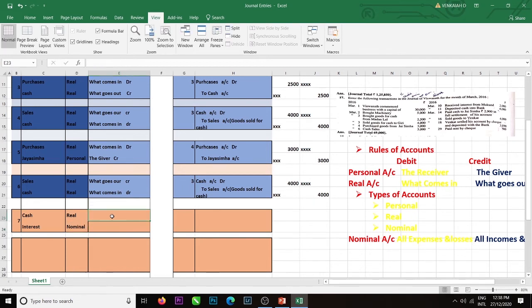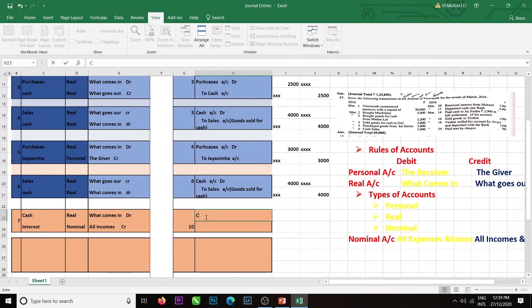Cash is coming in. The rule I have to apply: what comes in, debit. According to this, all incomes are to be credited. Credit all incomes. Now the entry will be, date is 10th.